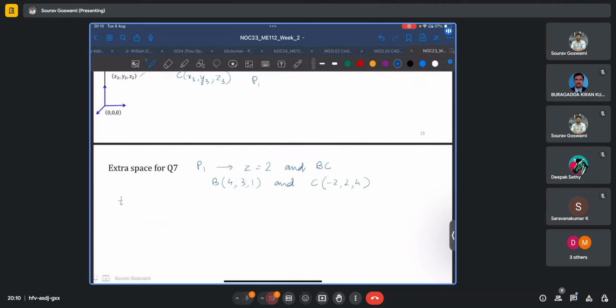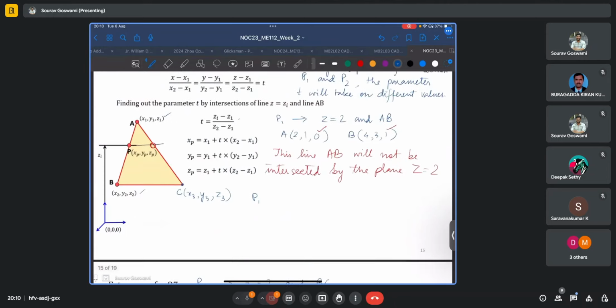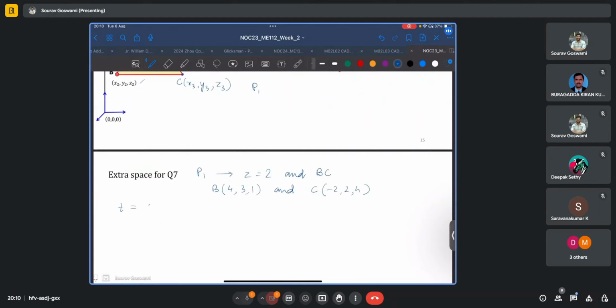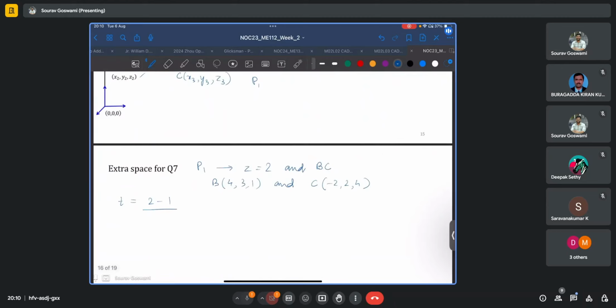We calculate the parameter t, which is zi minus z1, so 2 minus 1, by z2 minus z1, or 4 minus 1, this is equal to 1/3.